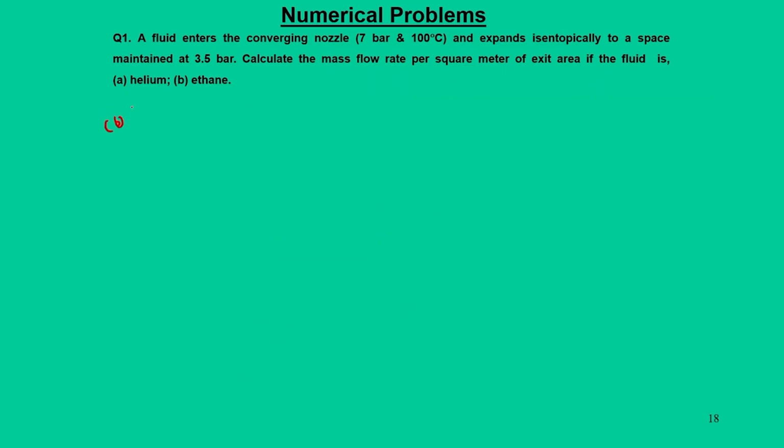Now, second problem, when it is ethane, we have to use its Cp value as 1.88 kilojoule per kg Kelvin, its gamma is equal to 1.172 and R is equal to 277.1 joule per kg Kelvin. So, the first check that we need to make is the critical pressure.